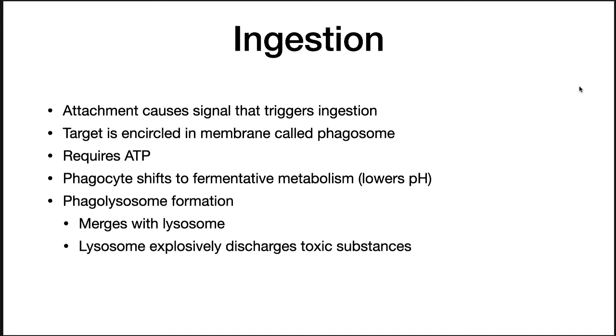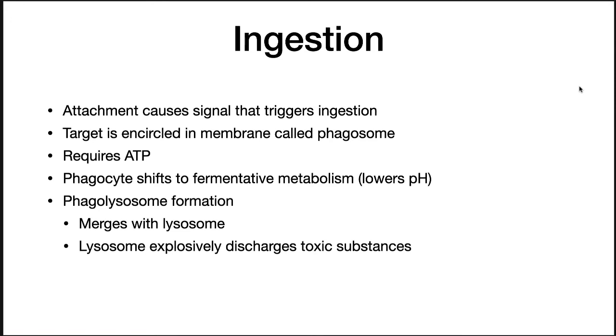This is somewhat similar to endocytosis, except you're bringing in a bacterium, not some molecule that you want to transport in the cell. This process requires ATP, and the phagocyte will shift to a fermentative metabolism. It does this to generate a lot of energy and to produce acidic products that it uses to attack the bacterium.